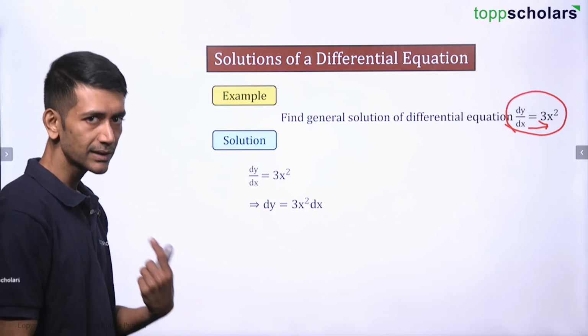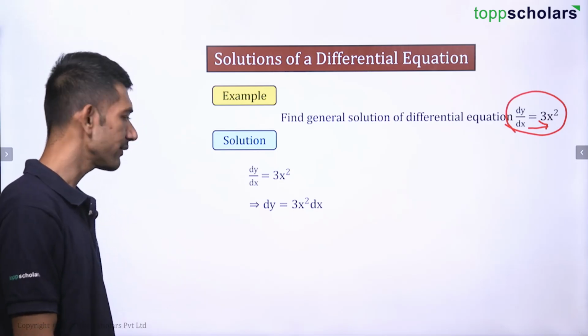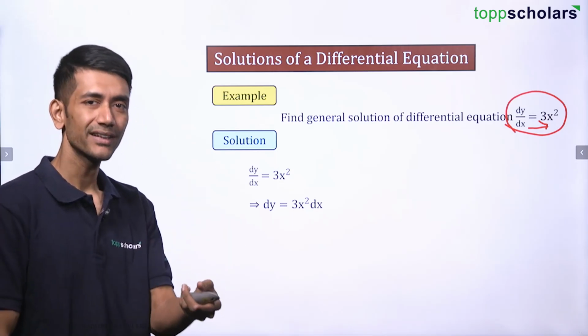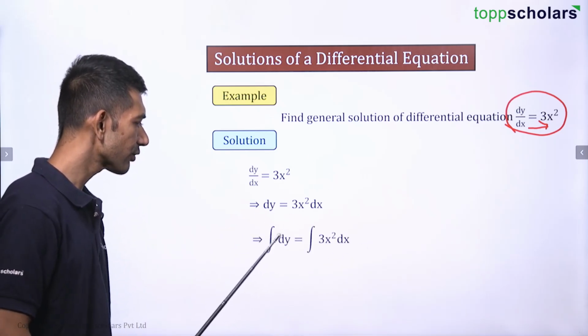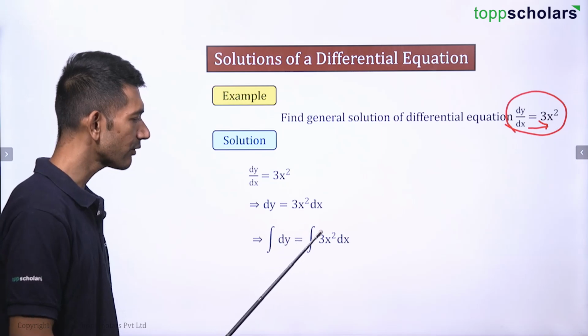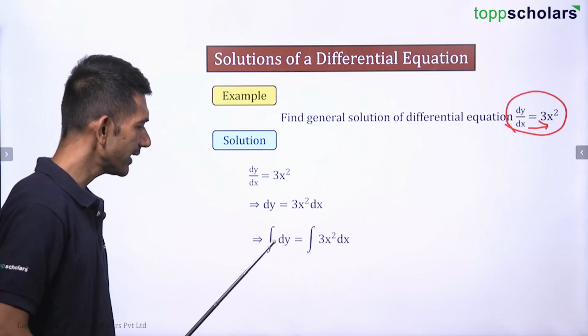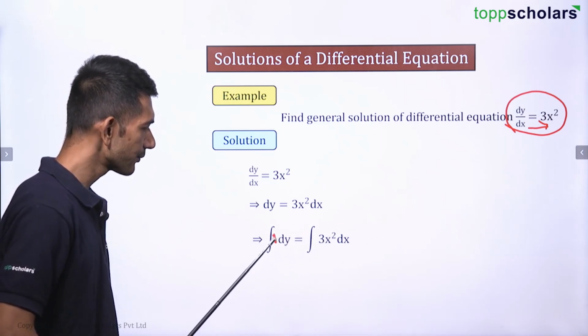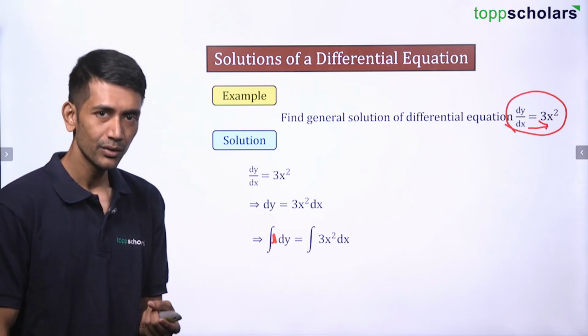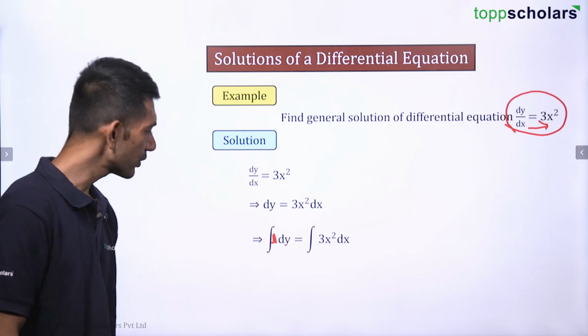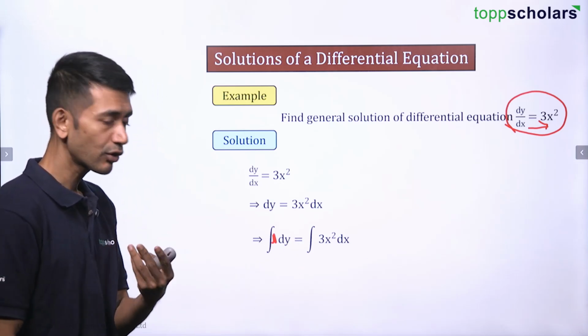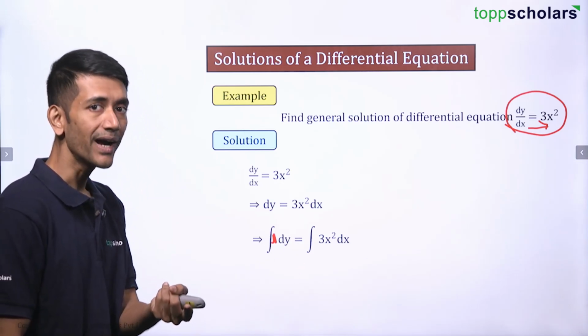Now we'll apply step number 2, which is integrating. Obviously we integrate on both sides. So integration of dy is equal to integration of 3x square dx. Integration of 1 dy is y with respect to y.